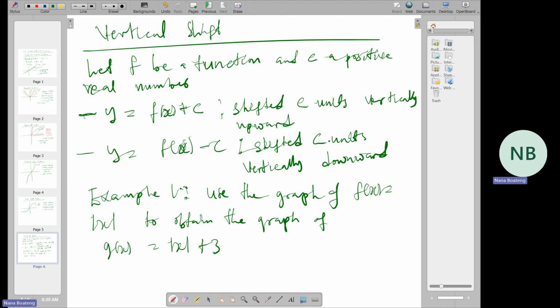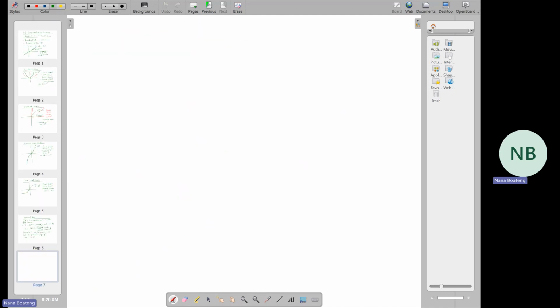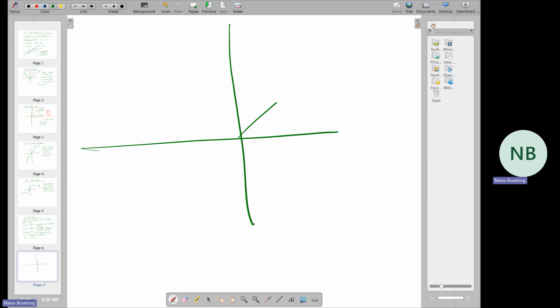All right, so let's see how we do this. The original absolute value of x looks like this. So this is f of x, or y is equal to absolute value of x.